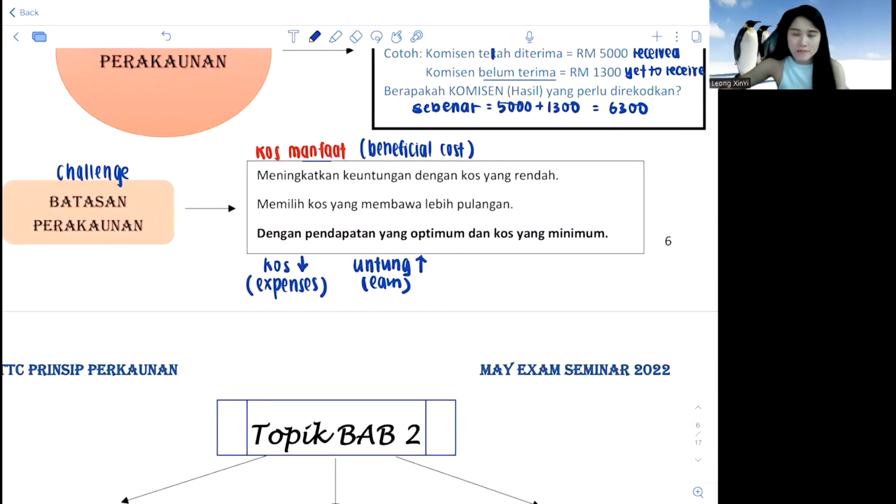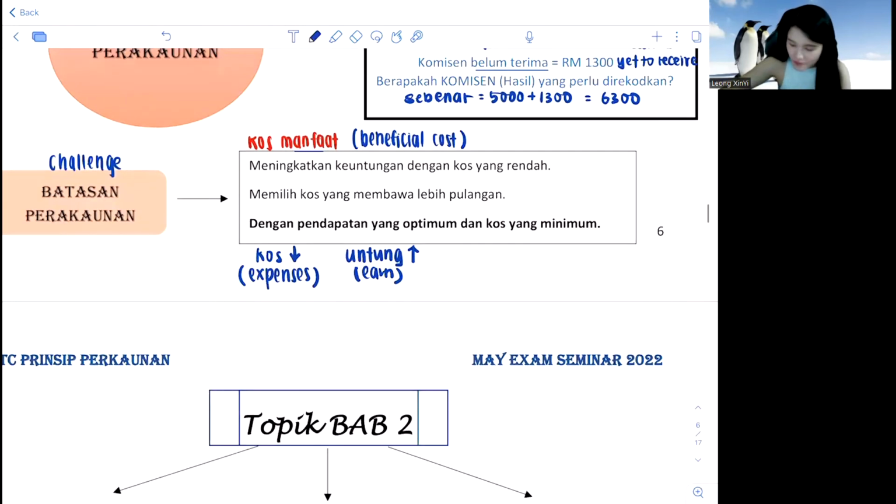So usually cost manfaat, they will give you two types of choices. Contoh soalan: two choices, and the pemilik picks one of them. That is how a cost manfaat question is usually set.